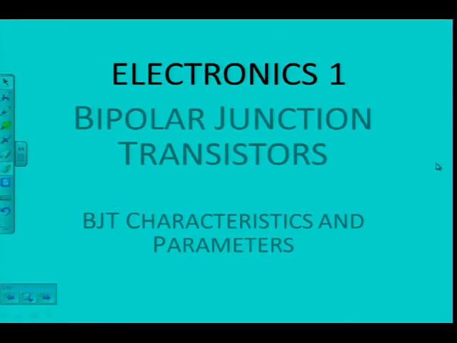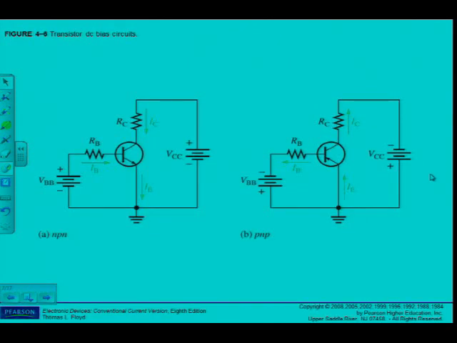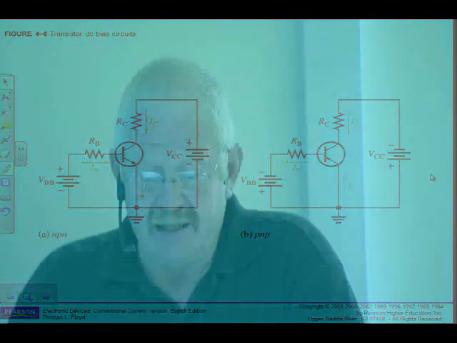Okay, so if we turn the page and look at the first figure, that figure should look familiar. We've discussed it in the previous lesson, where we've seen I have to bias the transistor if I want to use it as an amplifier. So what we basically have here are the transistor DC bias circuits that we've seen in the previous section.